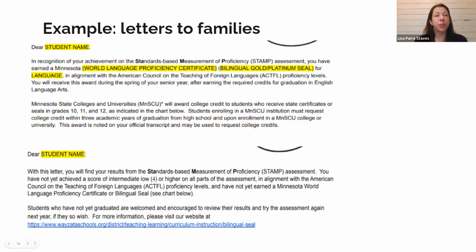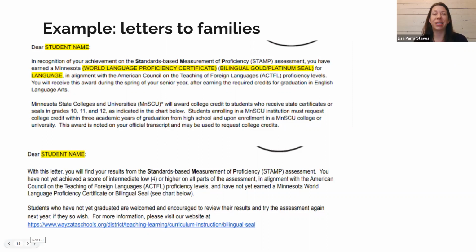In my experience, we would typically choose to send the information by mail to the students' houses so they have this letter. We also include the score report in a paper copy.